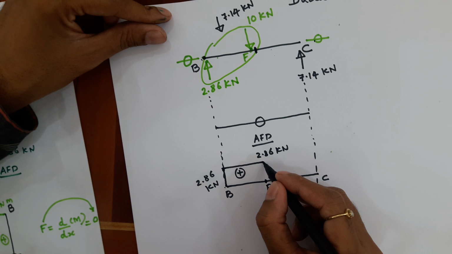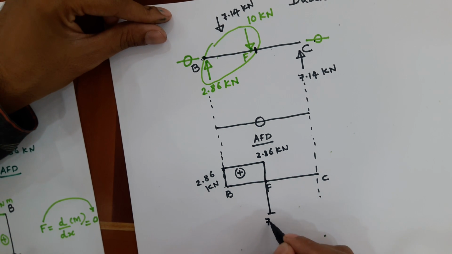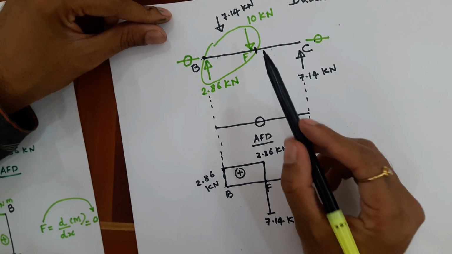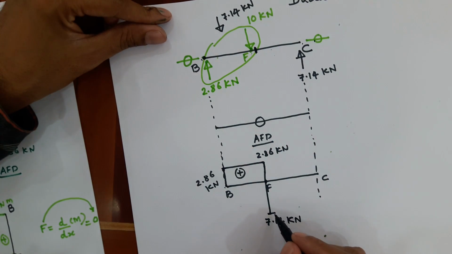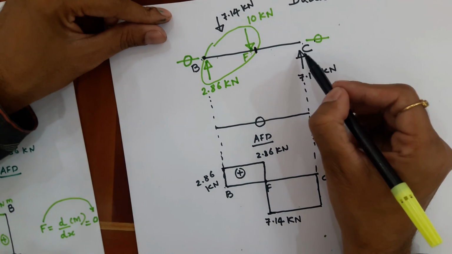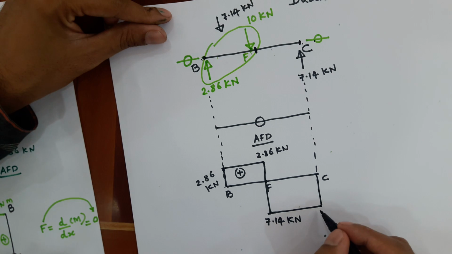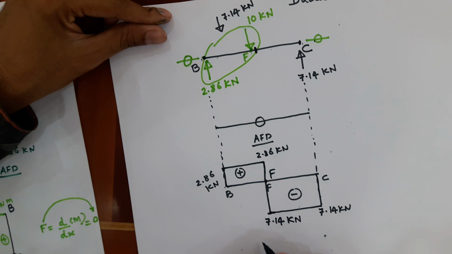Therefore suddenly just right of F, the shear force goes to minus 7.14 kilonewton. Now again there is no force between F and C, therefore shear force must remain constant. Or the other way also, this 7.14 is causing C to go up, so right is going up, so that explanation is also okay. So minus. So this is the SFD.